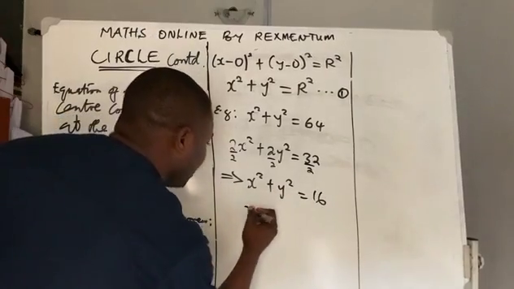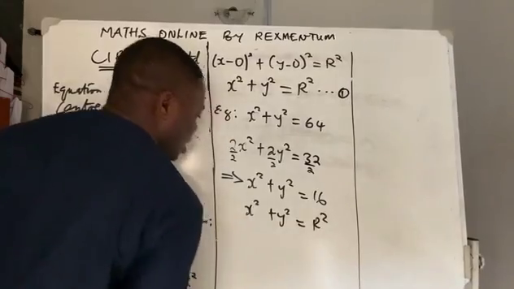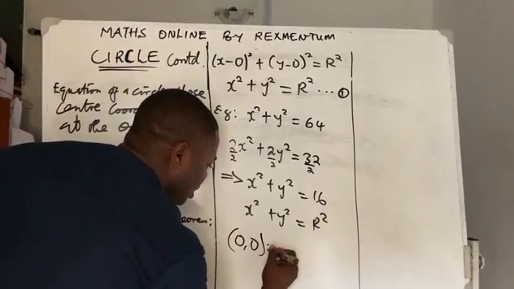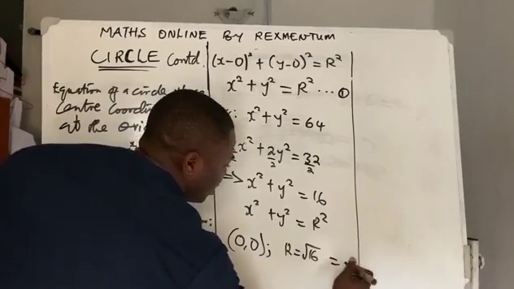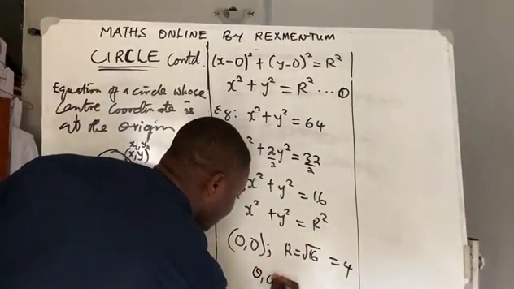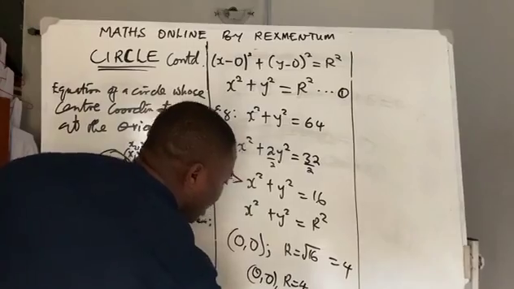Then you can compare to x squared plus y squared equal to r squared. Since the coordinate at the origin is 0, 0, what should be your radius? Your radius r is equal to the square root of 16, which will give you 4. So the circle will be 0, 0, then r is equal to 4, and that settles it.